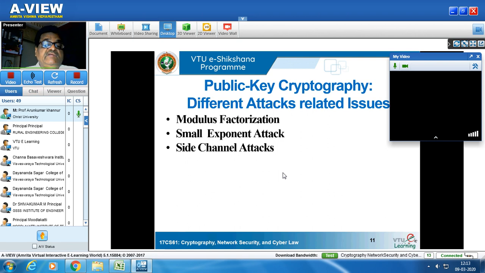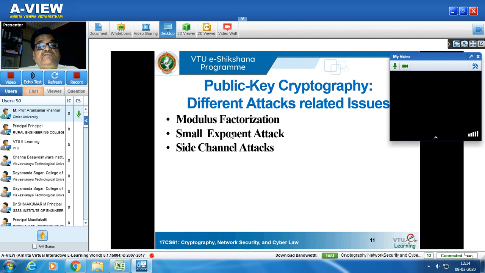Third one is side channel attacks, by watching the pattern of the operations of the sender, getting the information, rebuilding it and trying to use it. That is what is happening here.